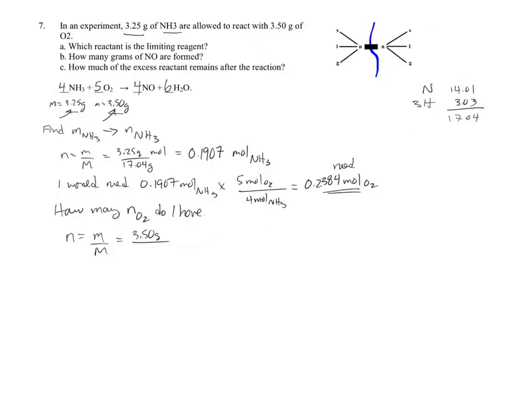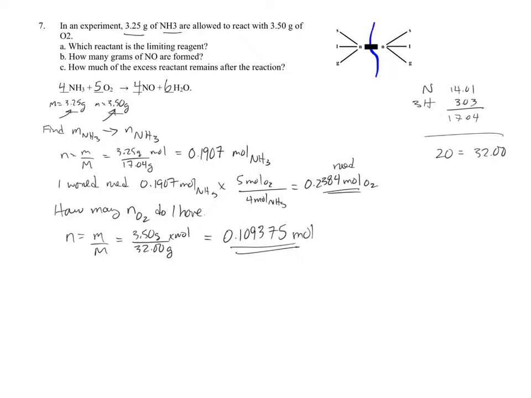The molar mass of oxygen is just 2 O's, 16 apiece for 32 even, so 32.00 grams per mole. So I have 3.5 divided by 32.00, which is 0.109375 moles. So this is how many moles I have.